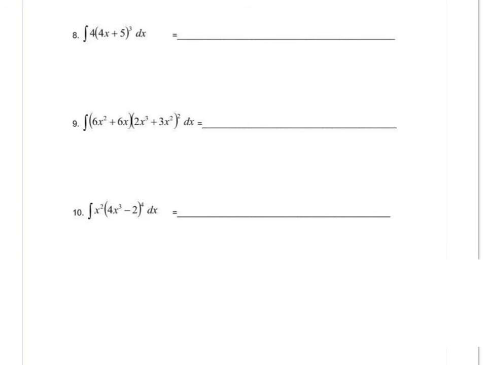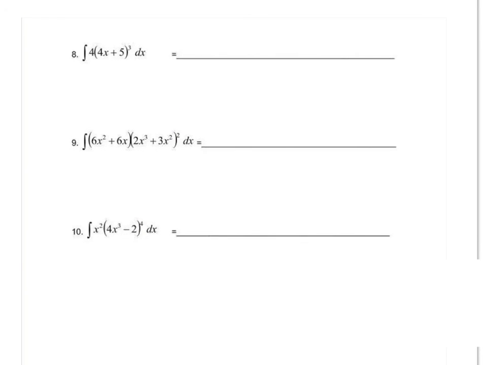And now for these last 3 problems, 8, 9, and 10, we have a function inside another exponent. So all 3 of these problems will need U-substitution.